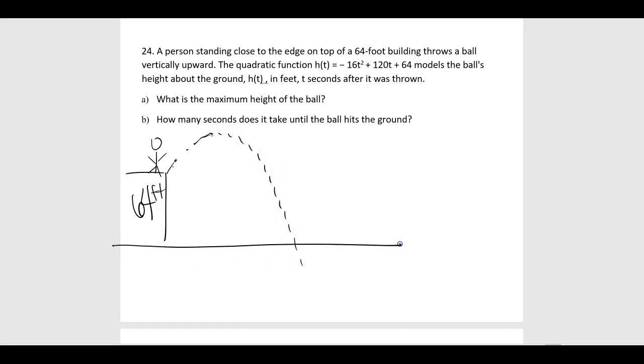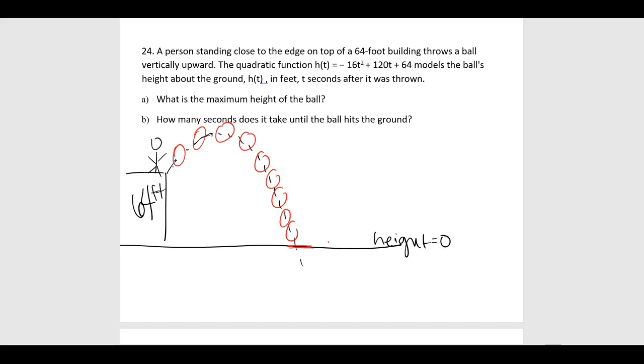This is the ground where the height is 0. So the person throws the ball up, and the ball's going up and it comes back down, right? And it's going to eventually land when h of t equals 0.